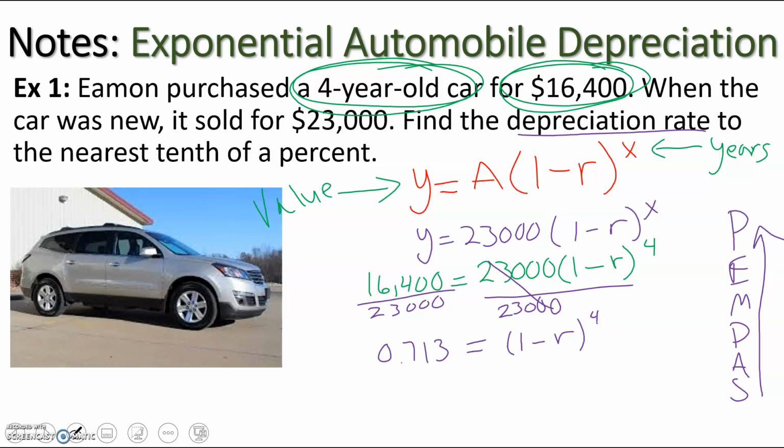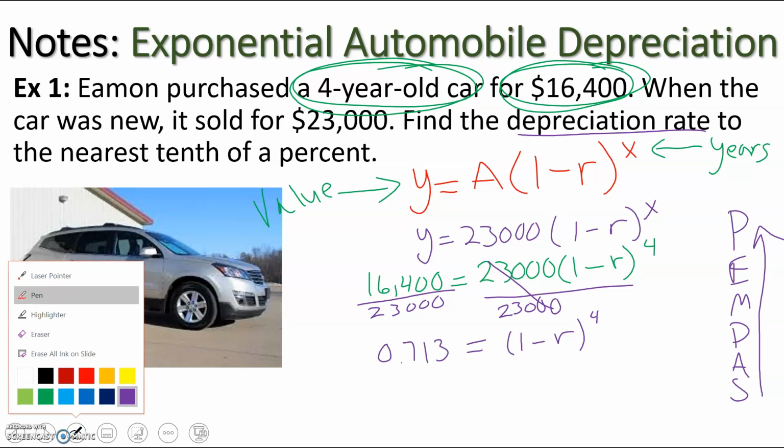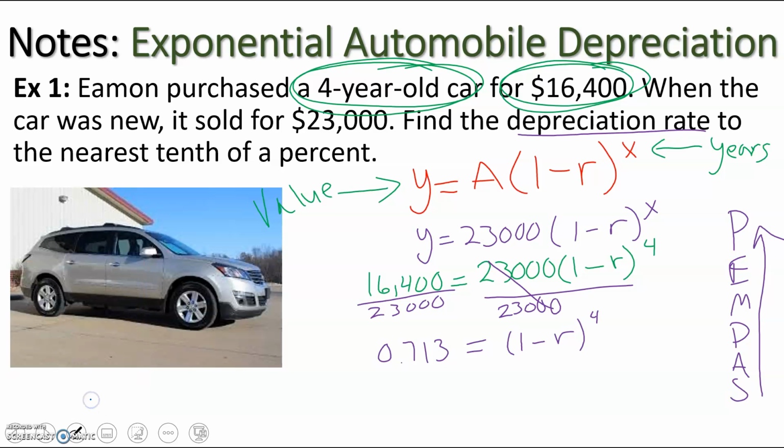We've looked for addition and subtraction, and for multiplication and division. Now we ask ourselves, do we have any exponents? And we do, that fourth power. The opposite of a fourth power is what we call a fourth root. So we're going to take the fourth root of both sides. On the right-hand side, the fourth root and fourth power cancel each other, leaving us with just 1 minus r.